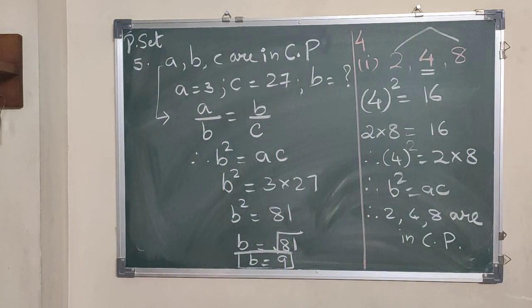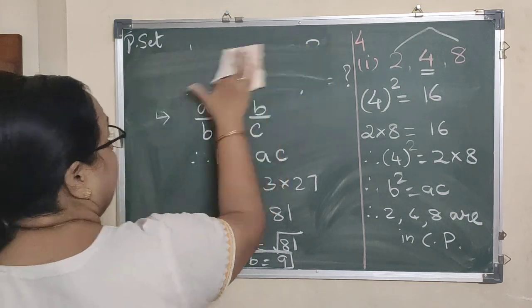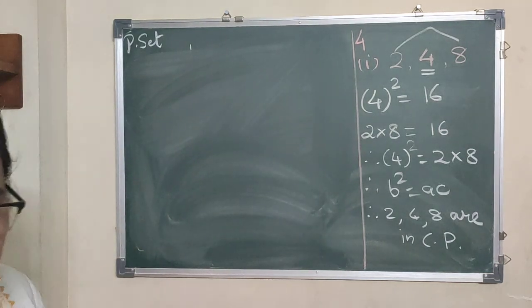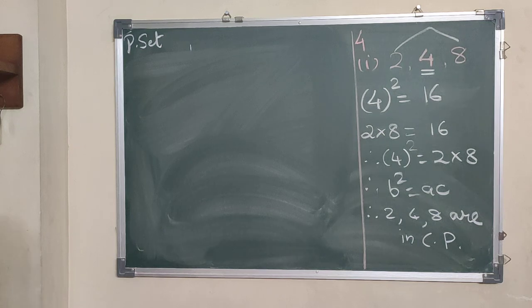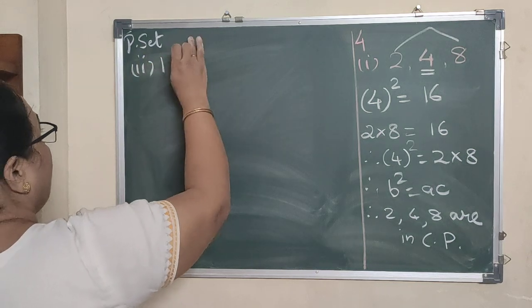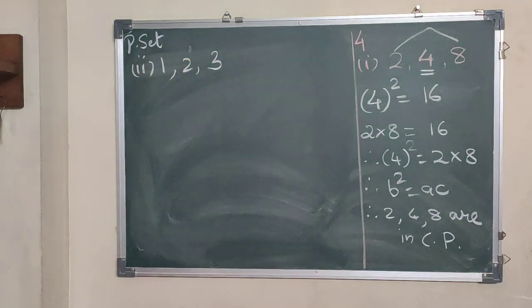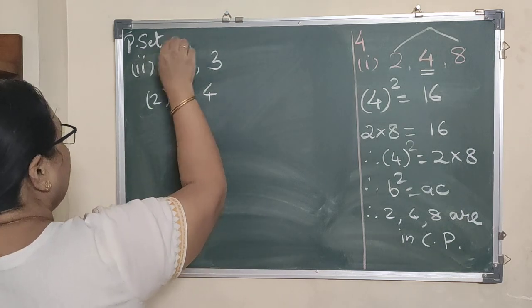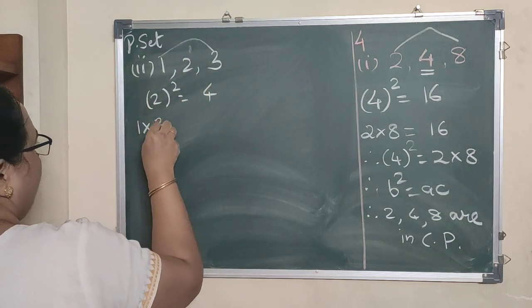Now, going further to the next one. As I said, I'll go for the second one, because as you see, the third one again is in continued proportion. So I take the second one: 1, 2, 3. Which is the middle term? Yes, 2. So let us find 2 square. What is 2 square? 4. What are the remaining 2 terms? 1 into 3.